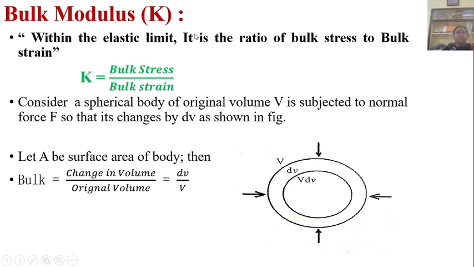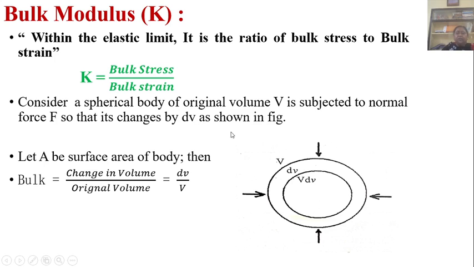Now, bulk modulus, that is K. Within the elastic limit, it is the ratio of bulk stress to bulk strain. So, K equals bulk stress upon bulk strain. Consider here a spherical body of original volume V, as seen in the figure, subjected to normal force F so that its volume changes by dV, as shown in the figure.